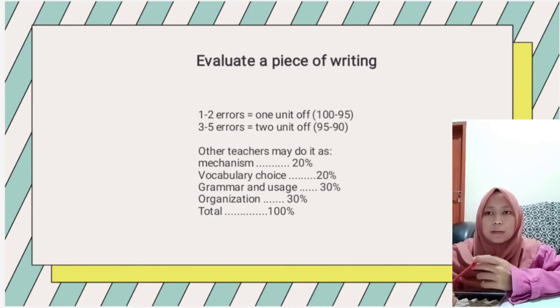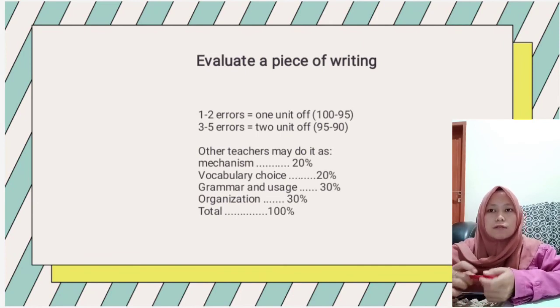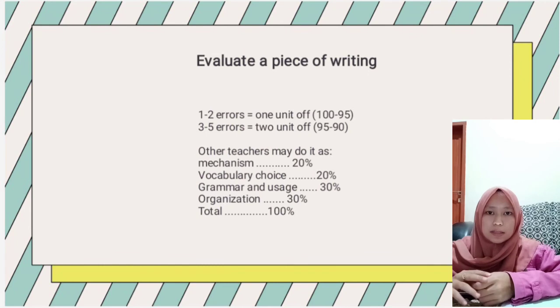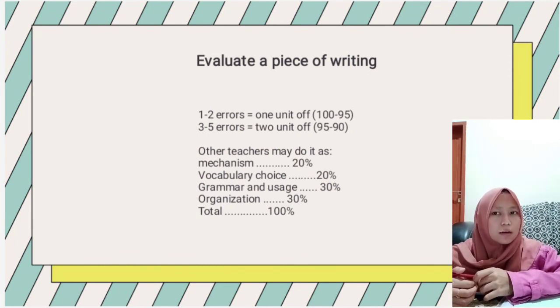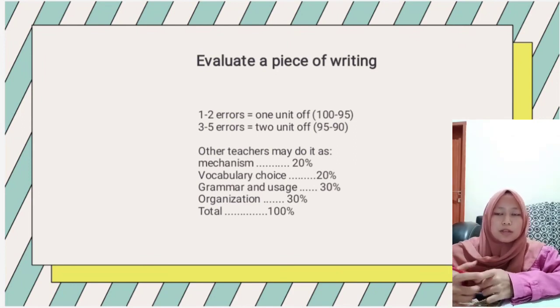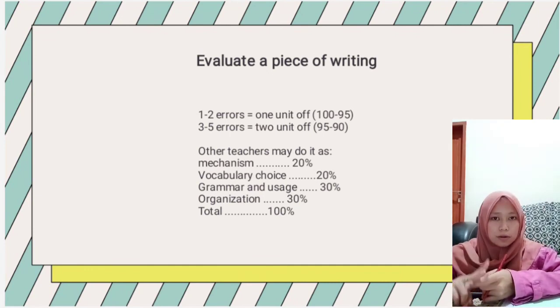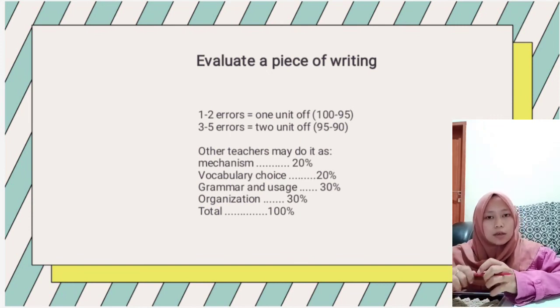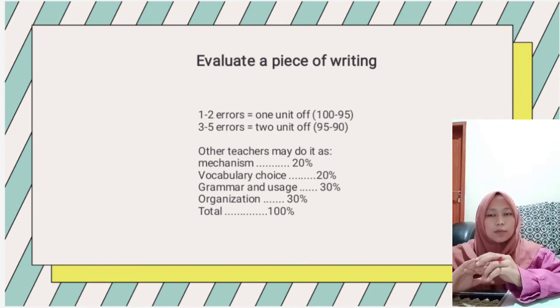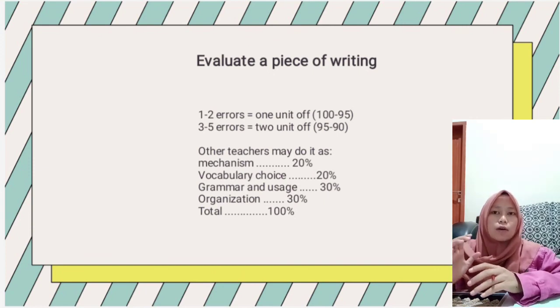Okay, for the next slide, evaluate a piece of writing. So this is discussed about answer errors. So you can see if you get 1 until 2 errors for 1 unit, you can get point 100 until 95.